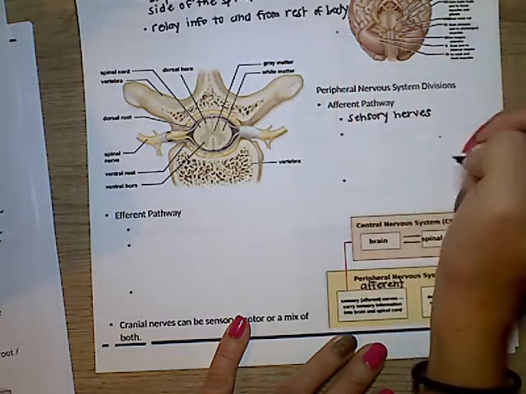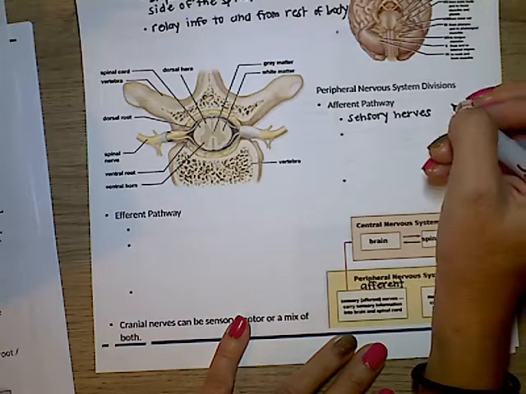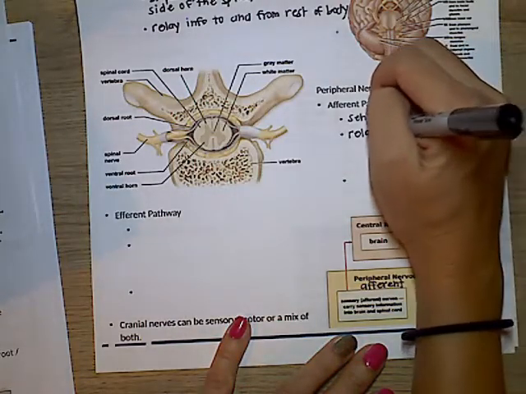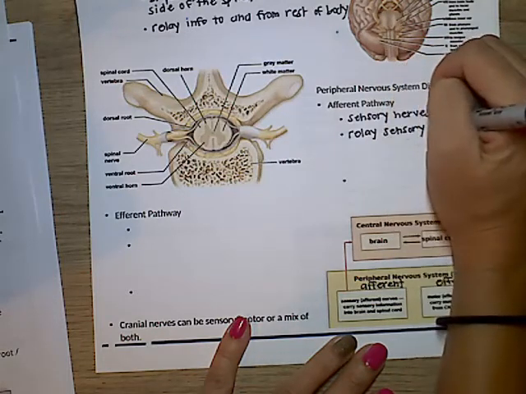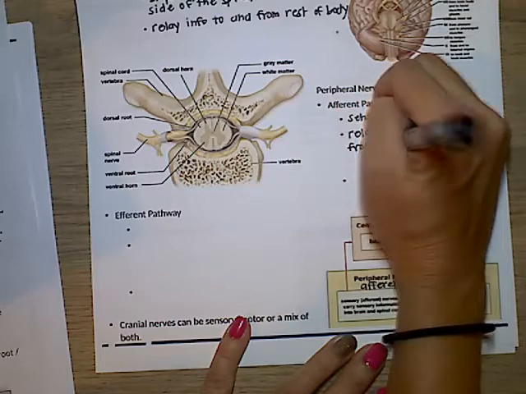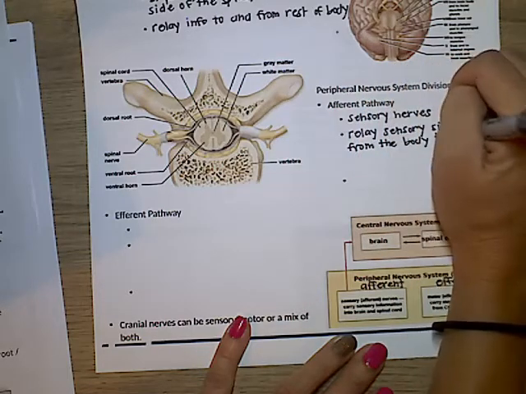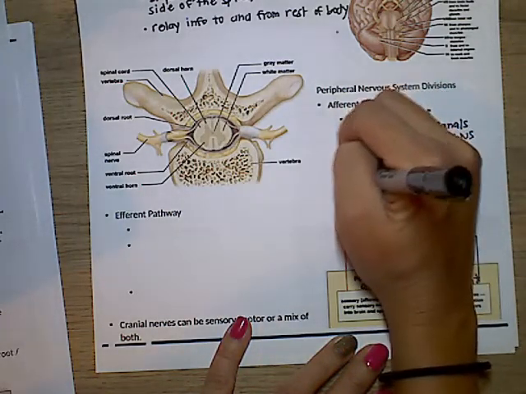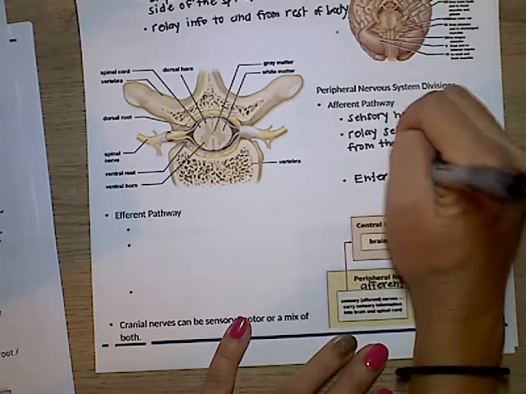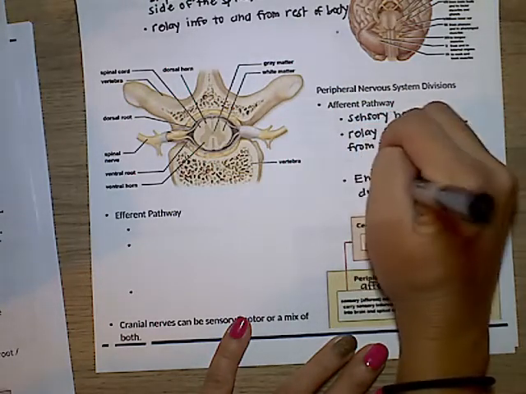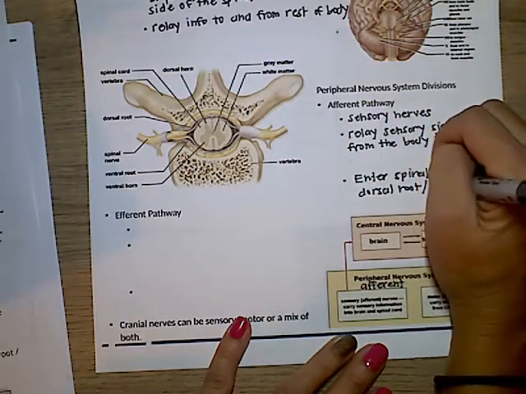These relay sensory signals from the body to the central nervous system, and they enter the spinal cord via the dorsal root and the dorsal horn of the spinal cord.